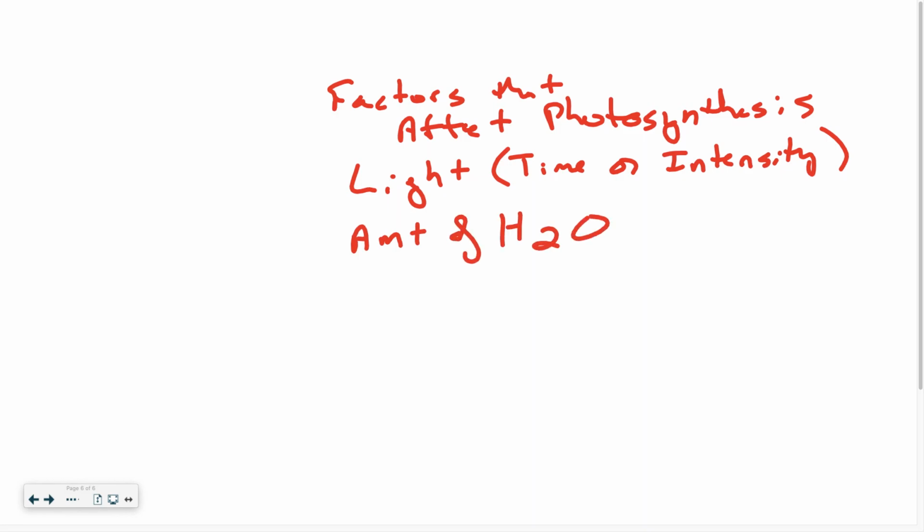Water is one of the reactants. If you're short on a reactant or you have more reactant, you should be able to do less or more. What's the other reactant? Carbon dioxide. So the amount of CO2 could have an effect on the rate of photosynthesis. All of those things.